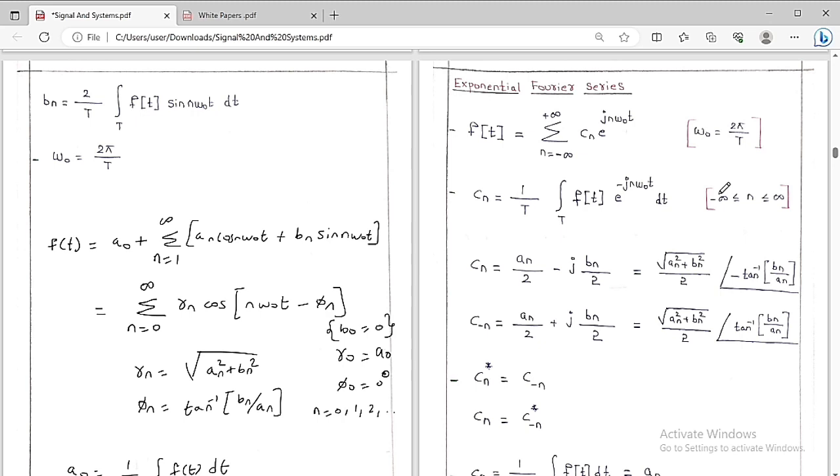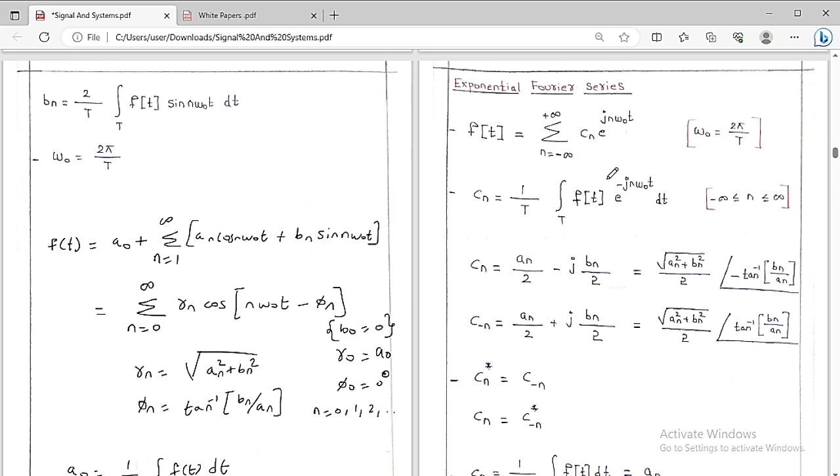Therefore finally I can say like this: f of t is equal to sigma n equal to minus infinity to plus infinity Cn e to the power of j n omega naught t, where omega naught is equal to 2 pi by T, and Cn is equal to 1 by T integration over the period T of f of t e to the power of minus j n omega naught t dt. The value of n lies from minus infinity to plus infinity.